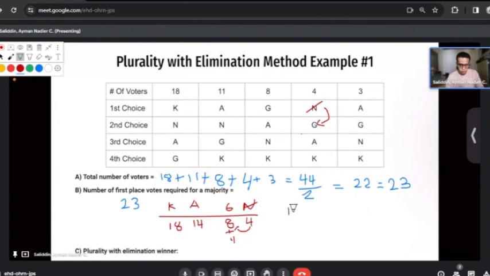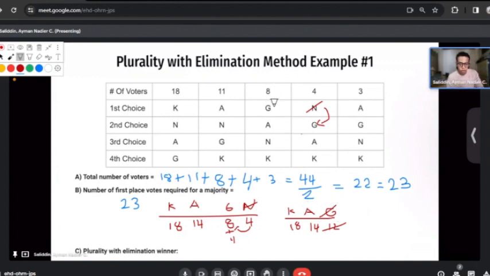The new chart is going to be K, A, and G. N has been eliminated. So now K has 18, Anjanette has 14, and G has 12. Now, we're still not at 23. So we're going to have to eliminate Girly this time because she is the lowest.